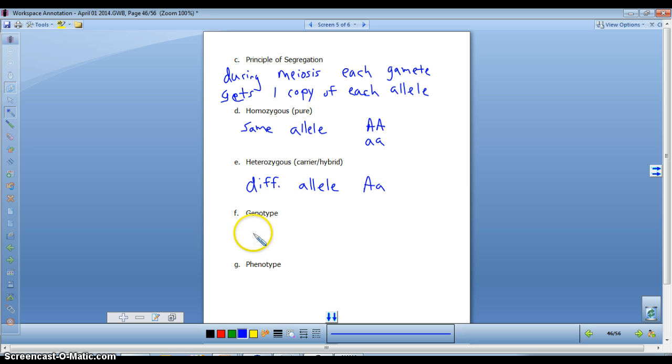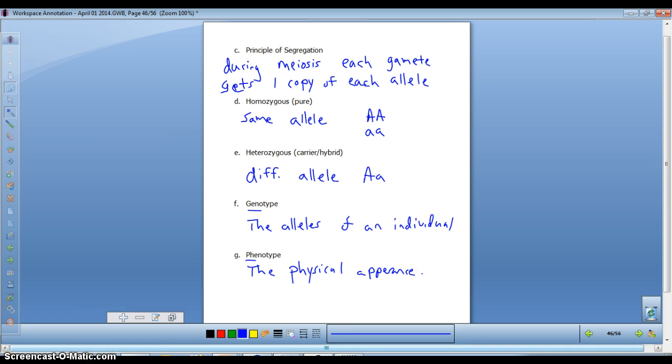Genotype, alleles of an individual. The phenotype, the physical appearance. Okay, that's it. Good luck.